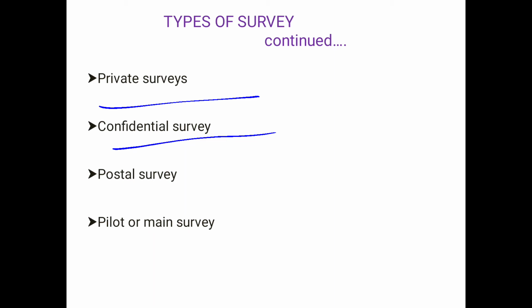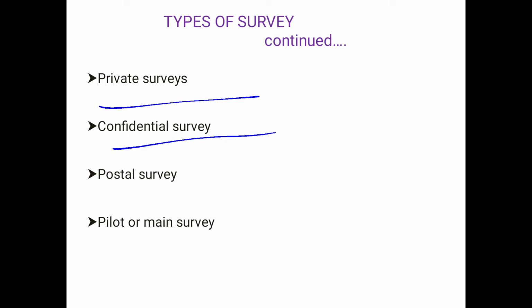Next point, confidential survey. These are a type of online survey where the participant's name is not visible, assuming that the respondent fills out the survey honestly. This means you will only be able to see the answers and not the name.